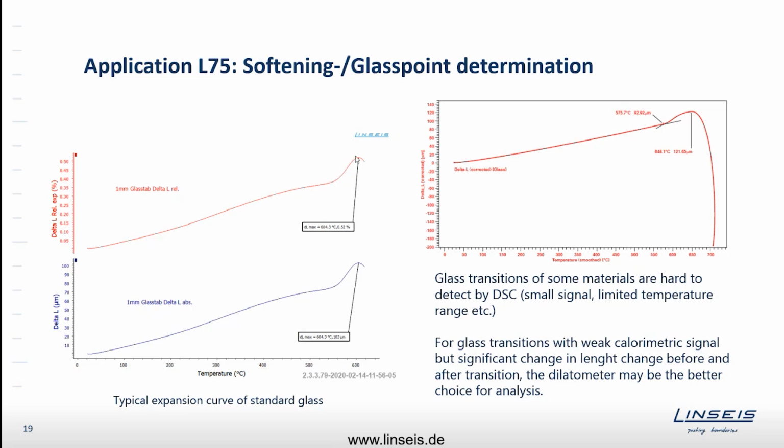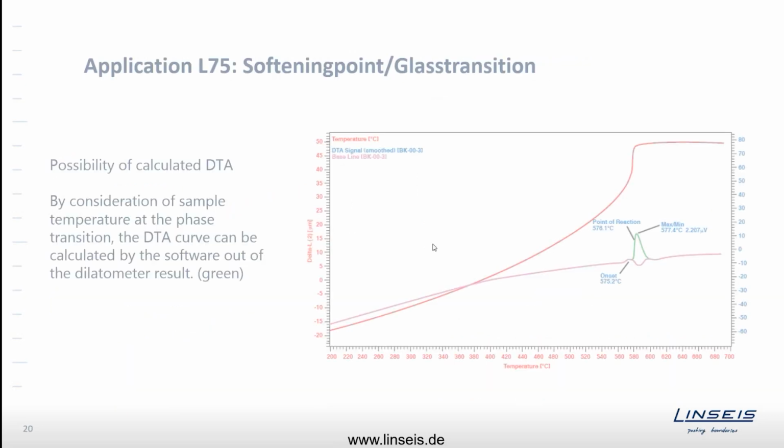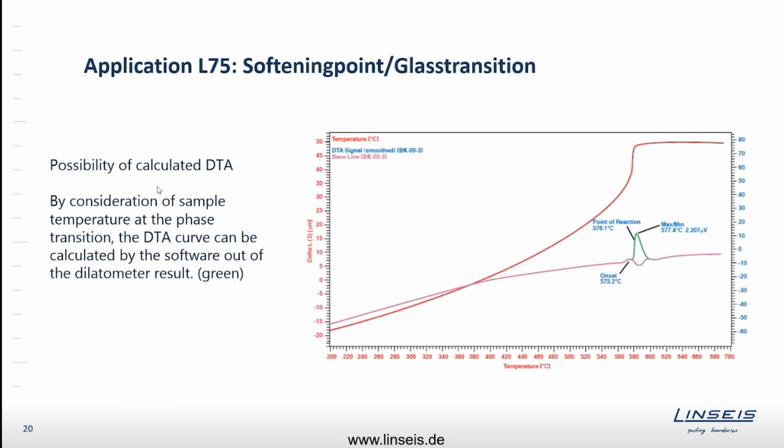It suddenly starts to expand very fast and then goes through a little peak before it starts to get soft and melts. And that is a typical look of a glass expansion curve, just as an example for a typical dilatometer.